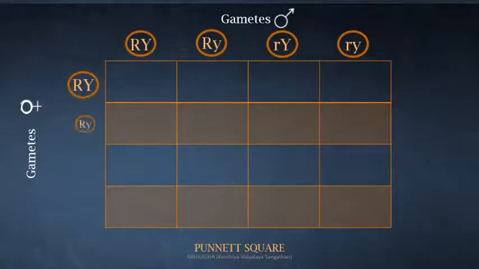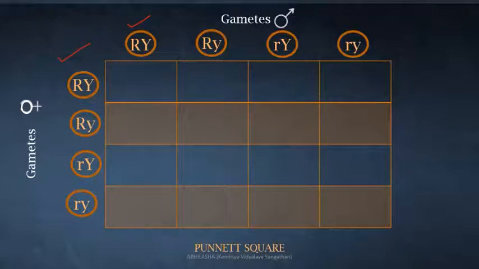Now we'll start making the combinations. These are the gametes. Now let's focus on this gamete and this gamete. The combination from these two will come here. So we get capital R, capital R, capital Y, capital Y. Similarly, we'll make it for this and this.